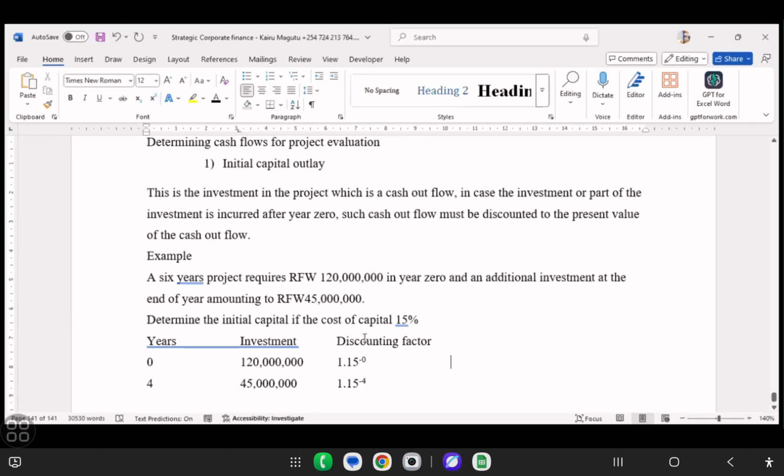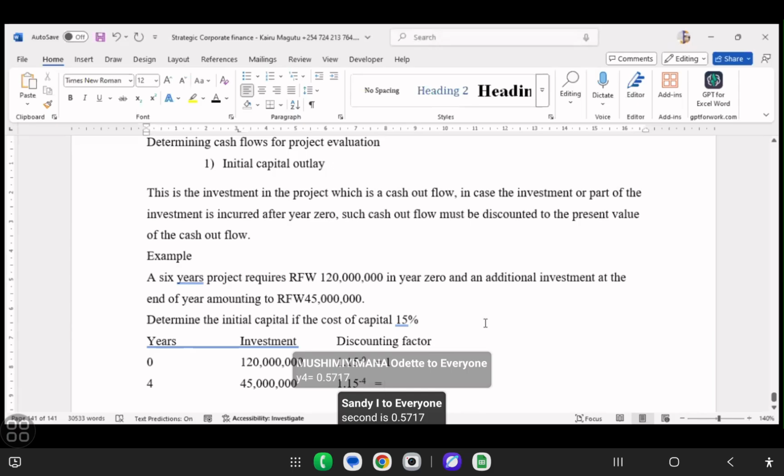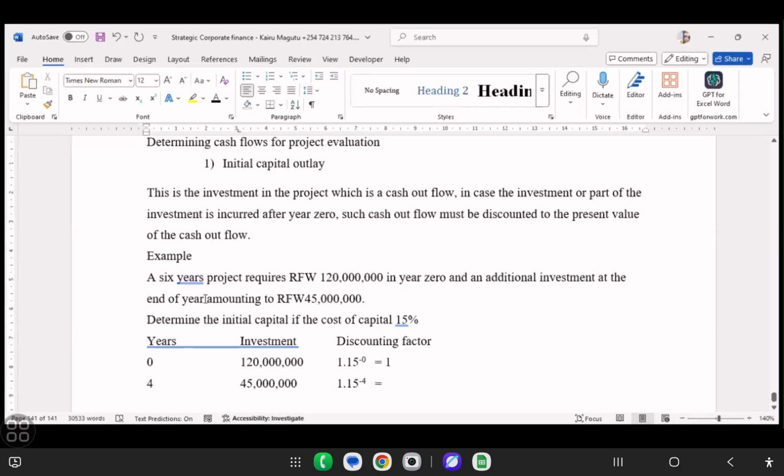This one should give me 1. How much is 1.15 power negative 4? Here someone says that I forgot to say at the end of year 4.